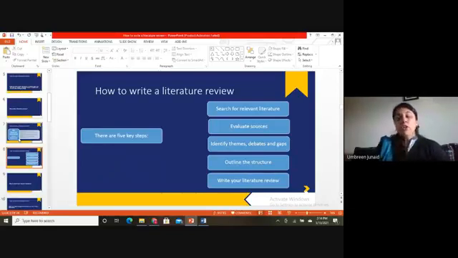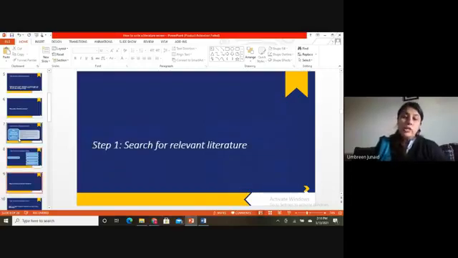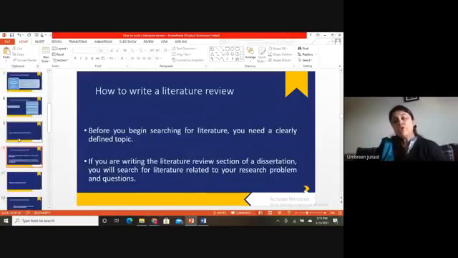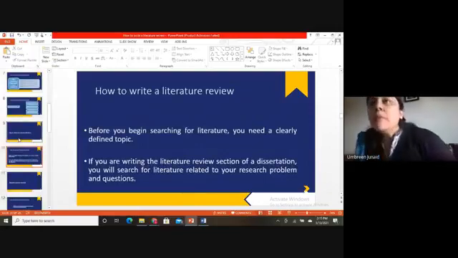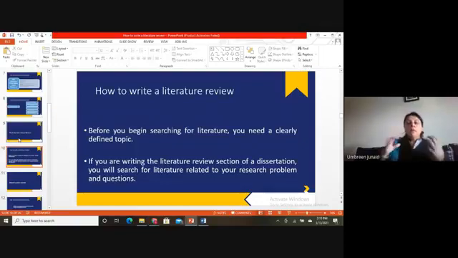So moving on to the first step, that is search for relevant literature. Your step 1 is searching for the relevant literature. Before you begin searching for literature, you need a clearly defined topic. Sometimes this happens that a vague idea comes to our mind, and we say that let's explore some literature on that.